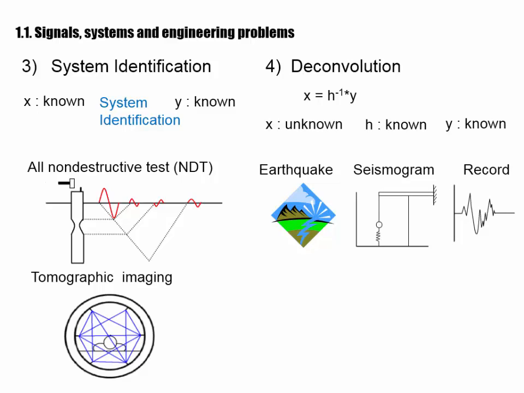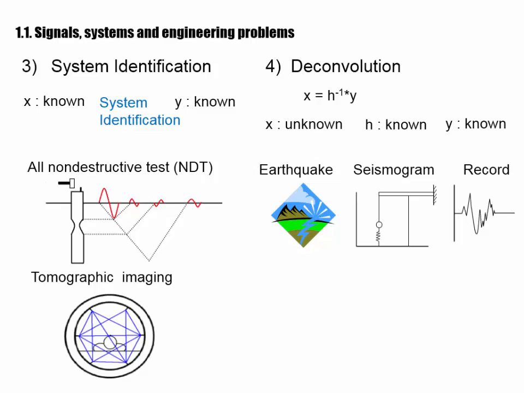Deconvolution. Here we have the example of the earthquake. X is unknown. So let's say we want to find out the location of the earthquake. Right? So then that's going to be a deconvolution problem.